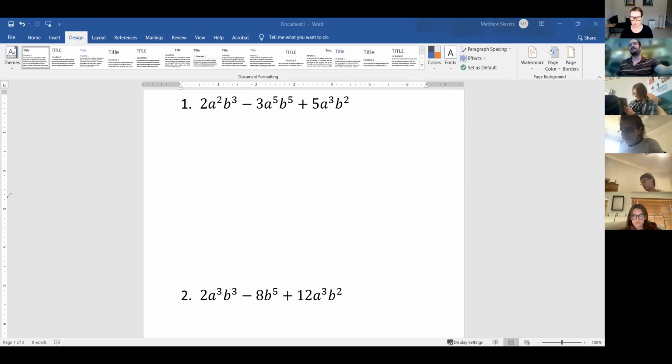So find the GCF of these 2, pull them out. The second one is 2a to the third b to the third minus 8b to the fifth plus 12a to the third b squared.